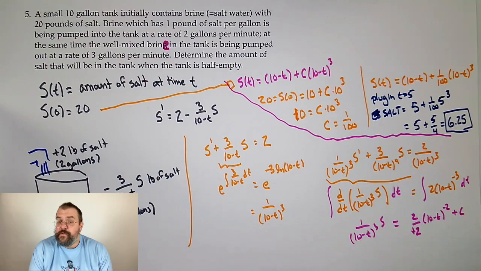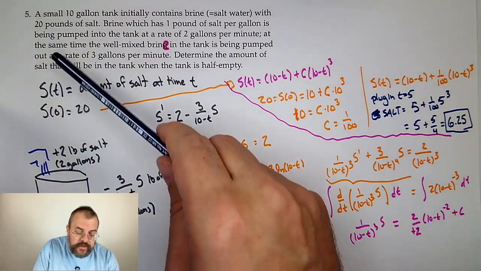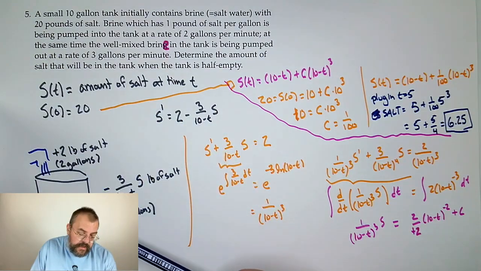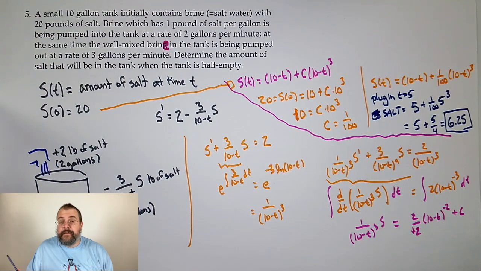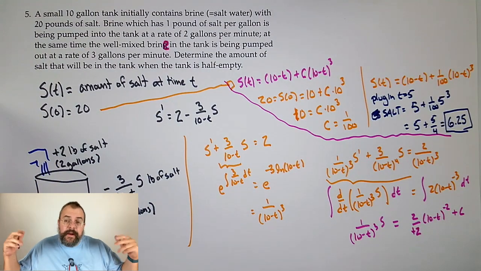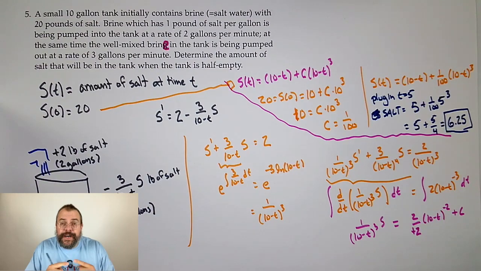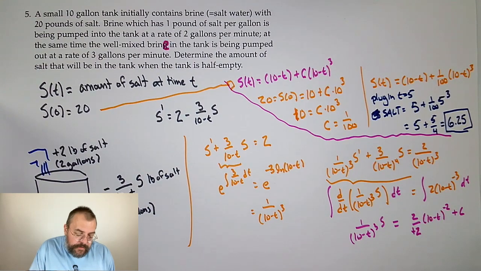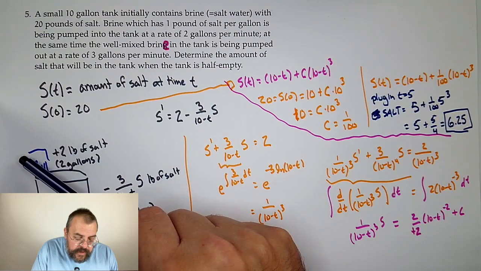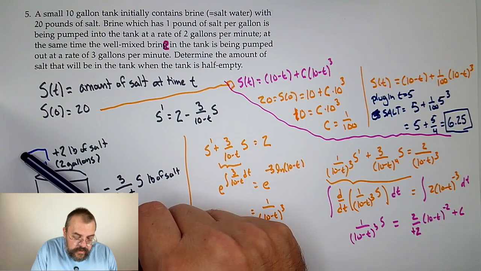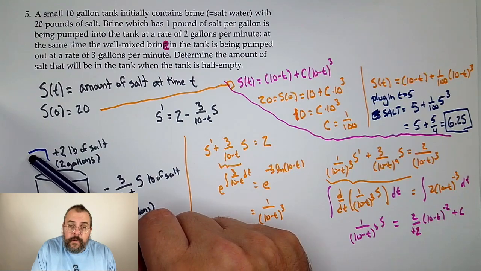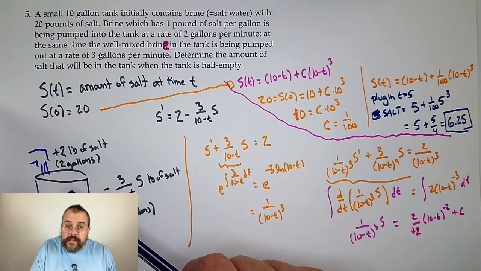Now you might say, is this reasonable? And well, we should think about it, right? So there's initially 20 pounds of salt. So if we emptied out half the tank, we'd expect to be about half as much. So 20 over 2 is 10. But think about what's coming in. The salt that's coming in, see here, it's a ratio 1 pound of salt per 1 gallon.